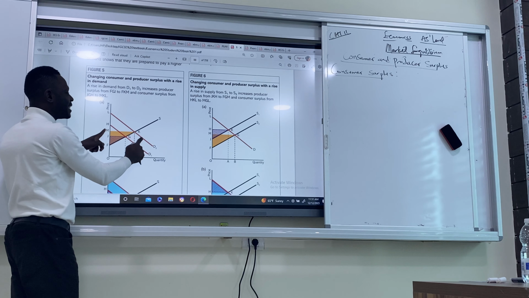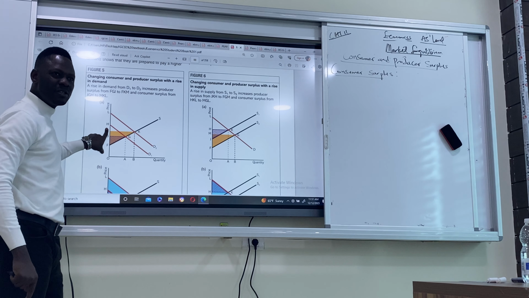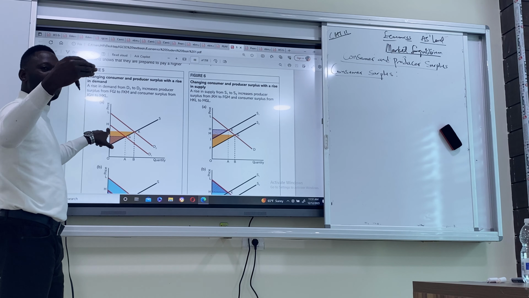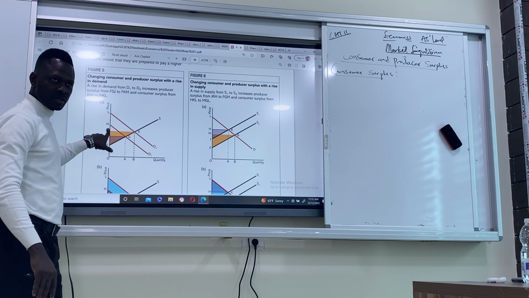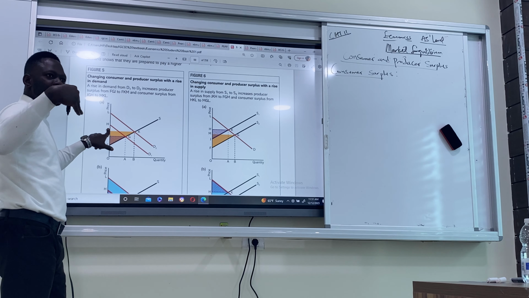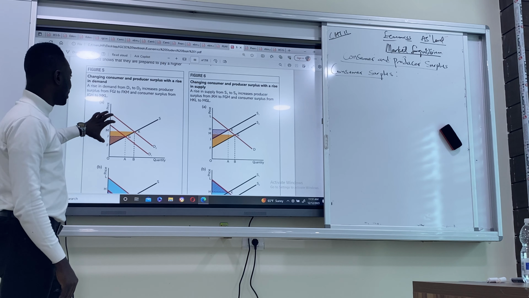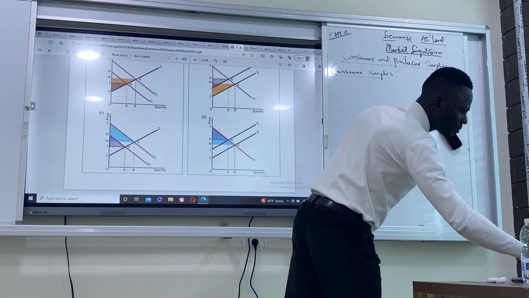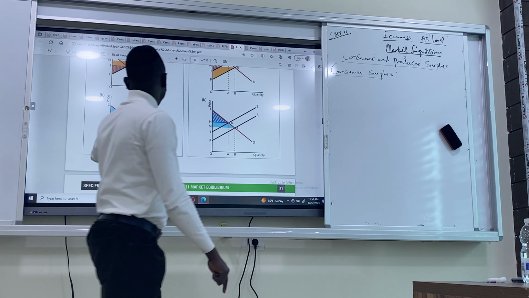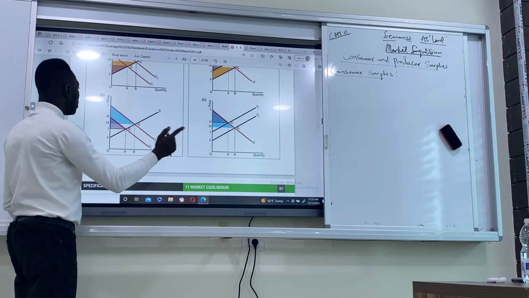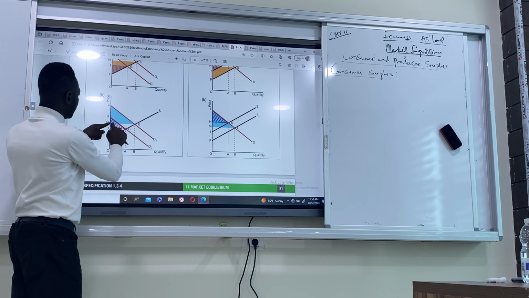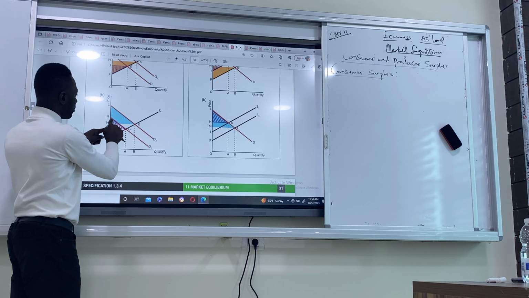Why? Because there's an increase in the quantity demanded of the product. So an increase in the quantity demanded of a product will also increase producer surplus from the point at which it was to a new point. Is it clear? So that's for MKL. Then, what happens to consumer surplus? Note that consumer surplus is between this. This is the point of producer surplus.